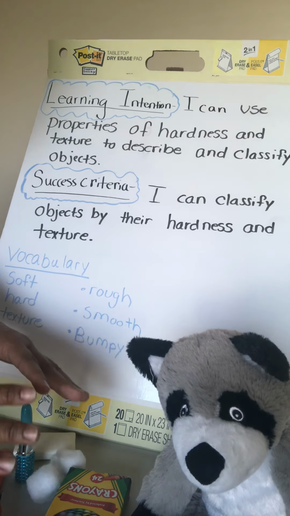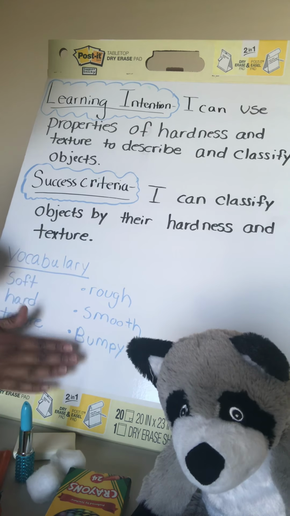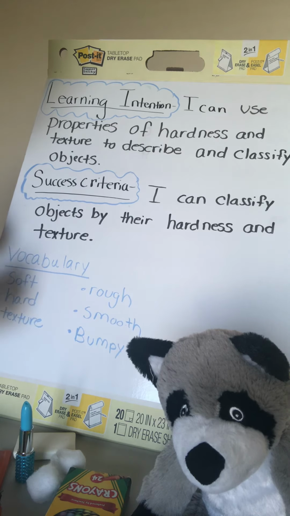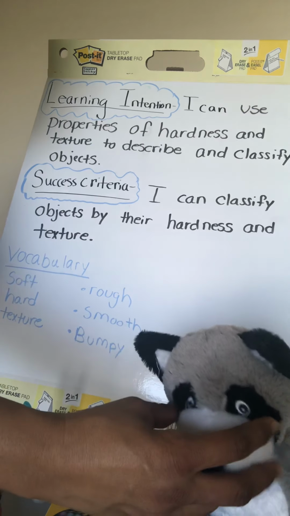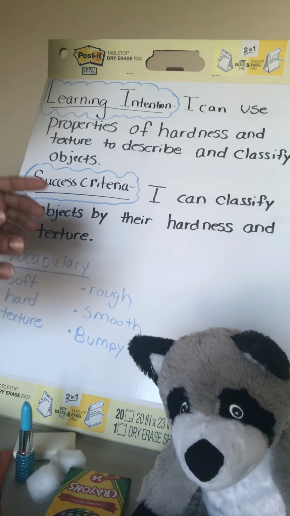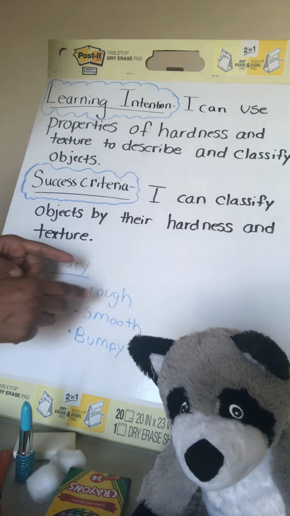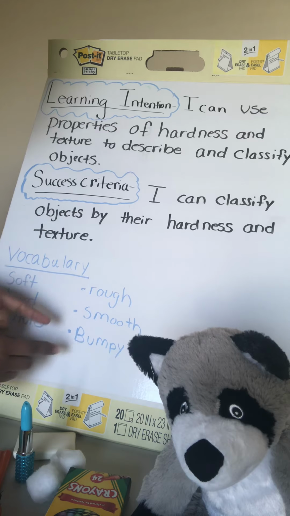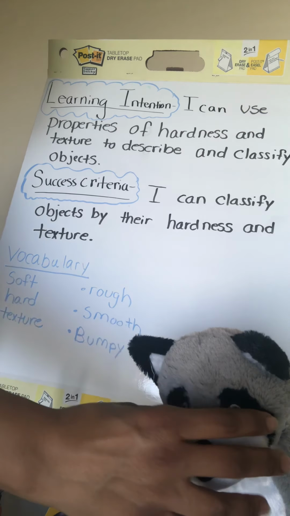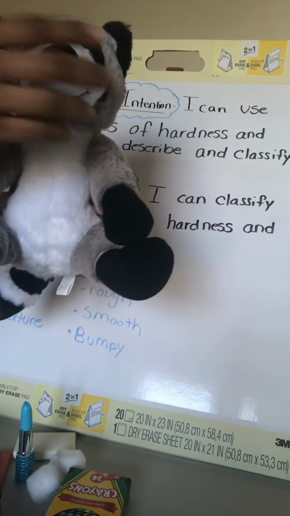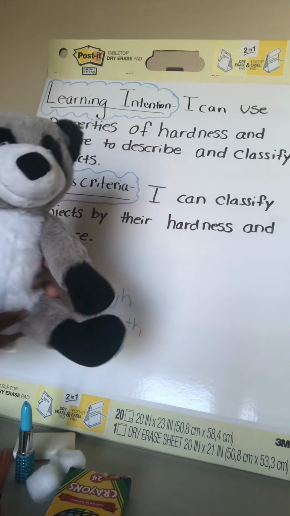Okay, so let's start classifying each object. I'm going to name the object and then we're going to use our vocabulary words to tell us which one it is. When I hold the object up, we're going to classify together if it's soft, hard, rough, smooth, or bumpy. So I have a stuffed animal. I'm going to give you wait time before I give the answer.